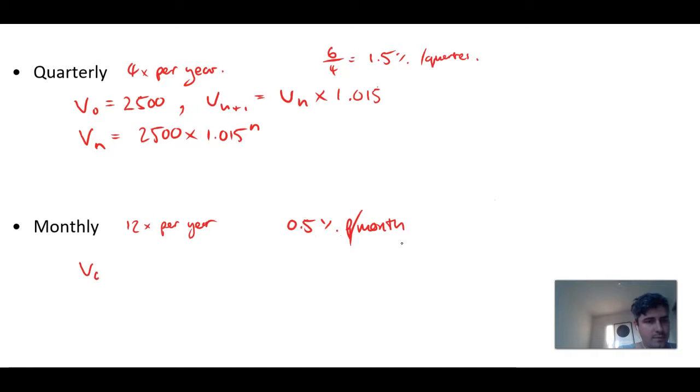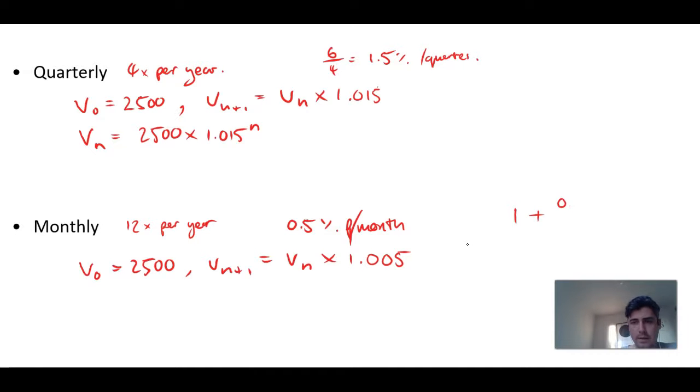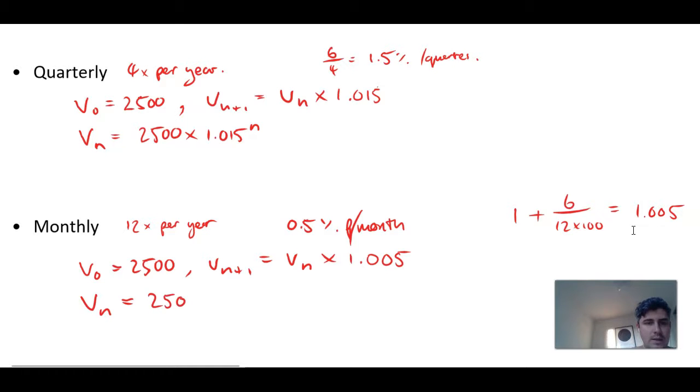This time V0 is going to be 2,500, and Vn+1 equals Vn times 1.005, because if you work out 1 plus 6 over 12, that's going up 0.5% every time now. So if we want to find Vn now, you're going to get 2,500 times 1.005 to the power of n.